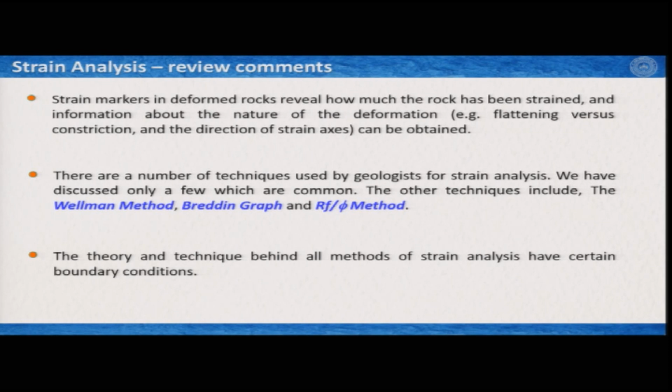I have just given you some very commonly used ones that can easily be operated in the field, with your computer, or with a piece of paper. But there are many other techniques for measuring strains. I just mentioned a few, like the Wellman method, the braiding method and the Frye method.